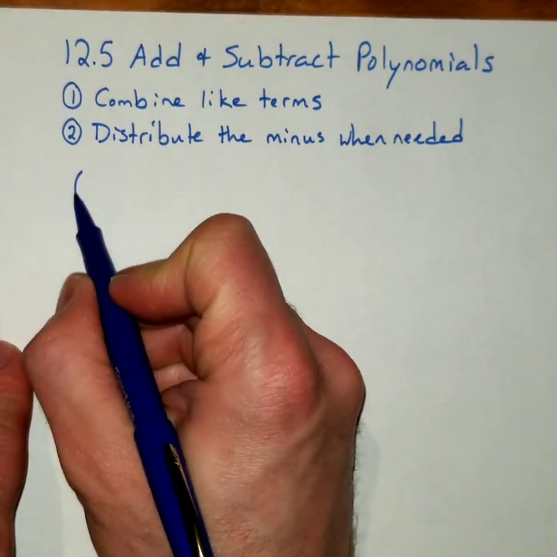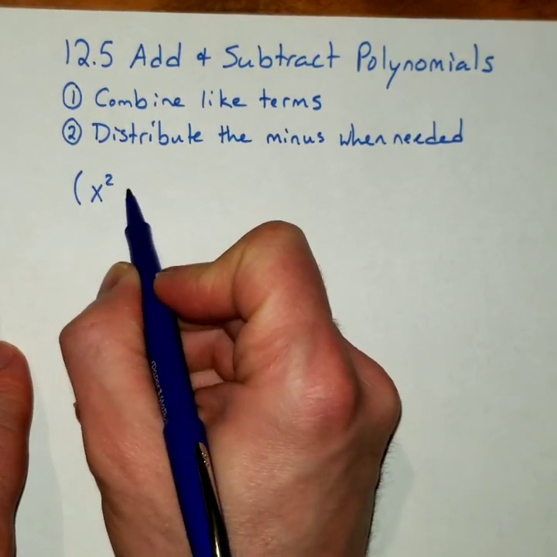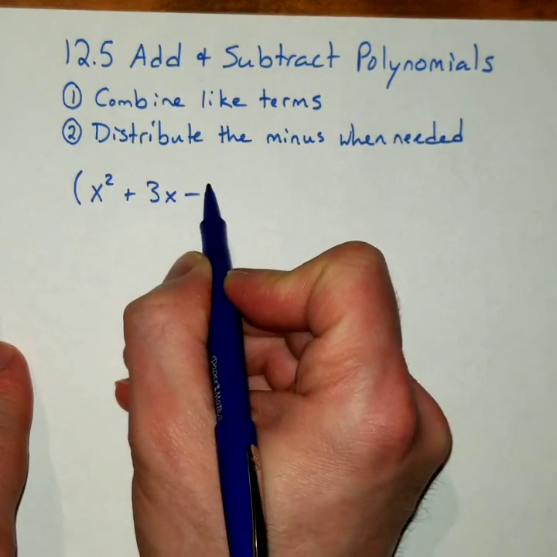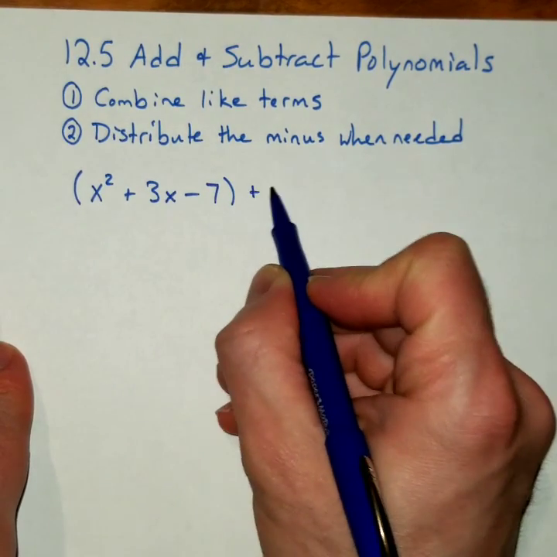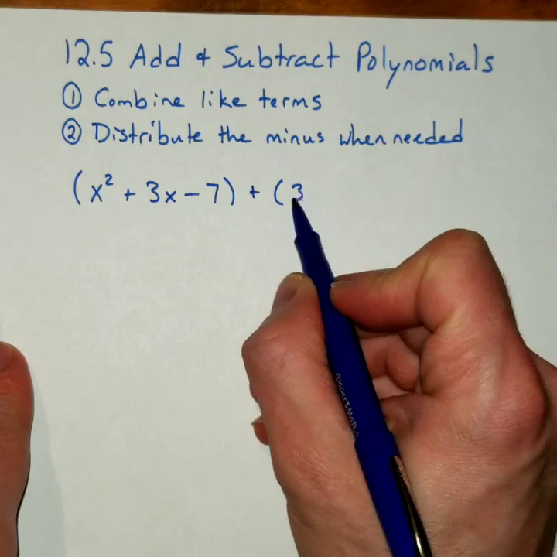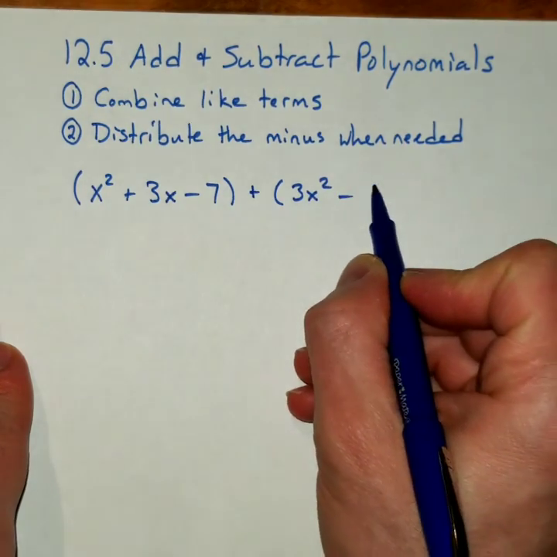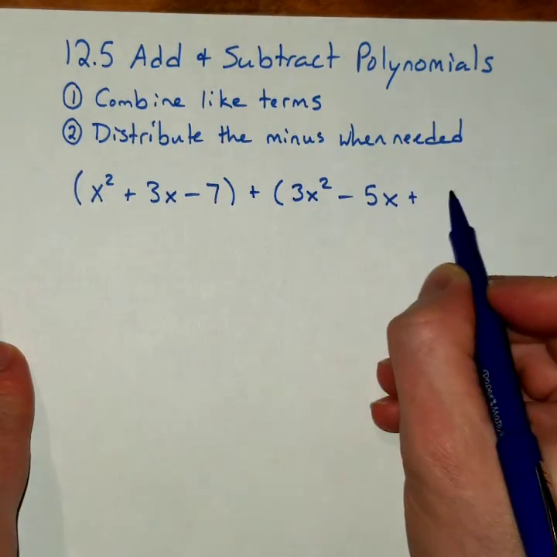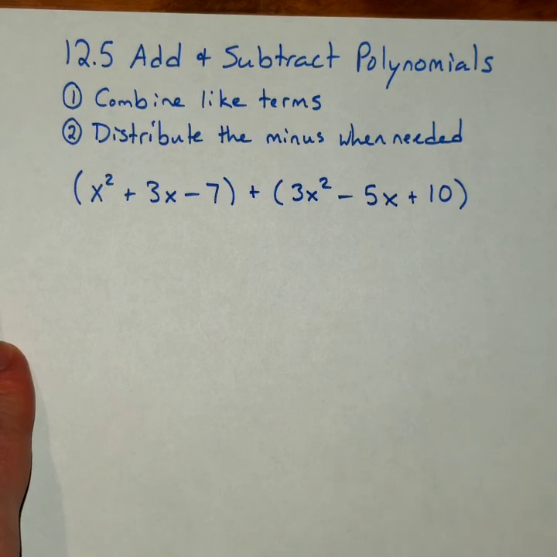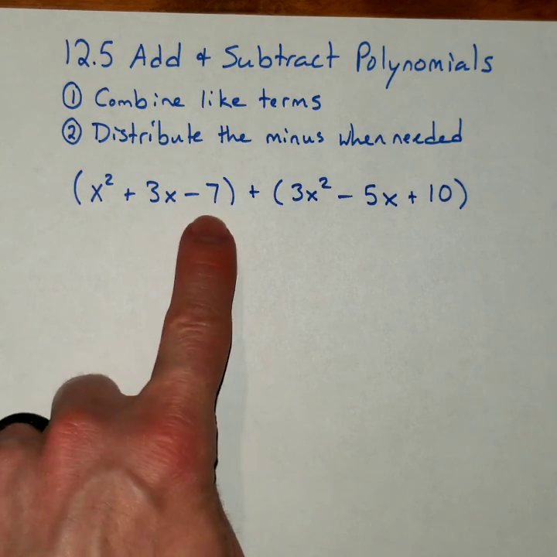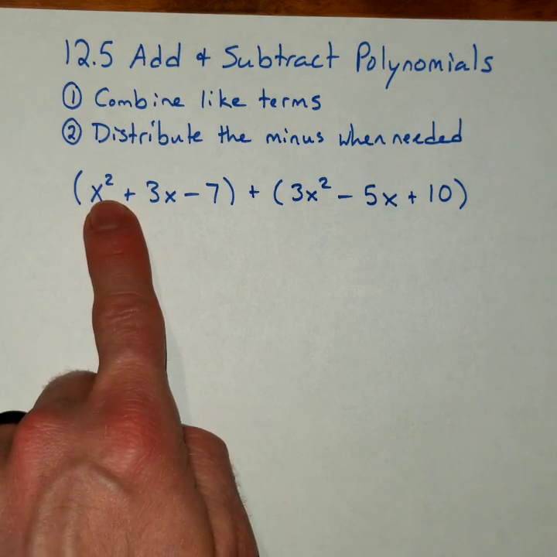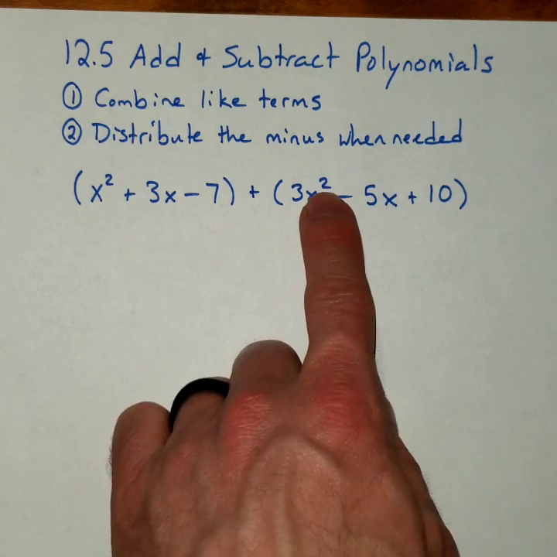Let's take an example of something like x squared plus 3x minus 7 and add that to 3x squared minus 5x plus 10. These are two different polynomials. The one on the left is degree 2, the one on the right is degree 2.